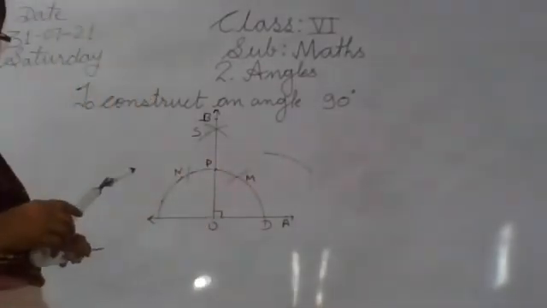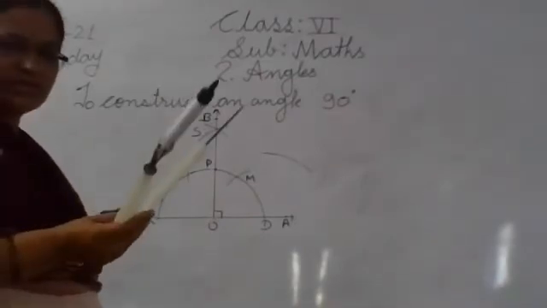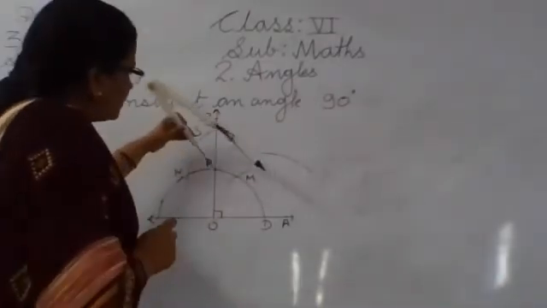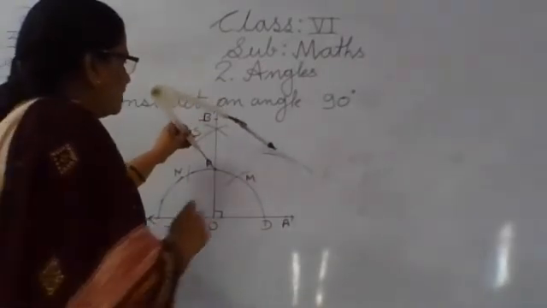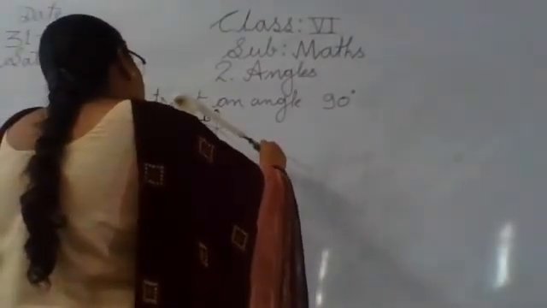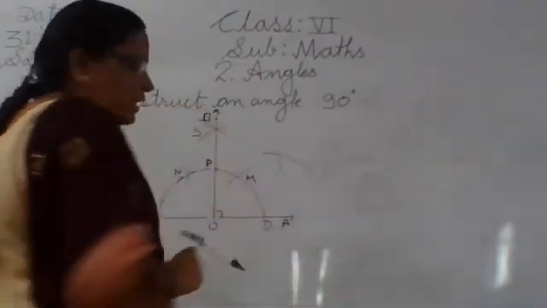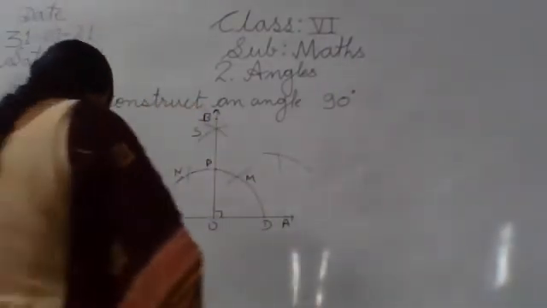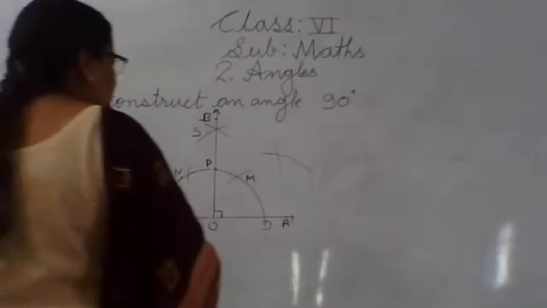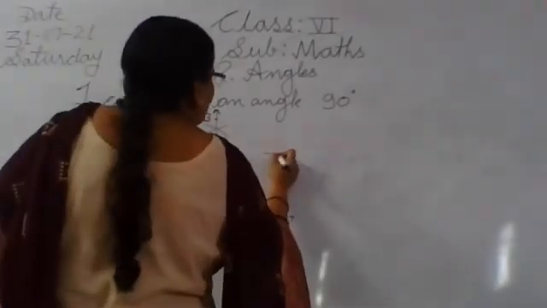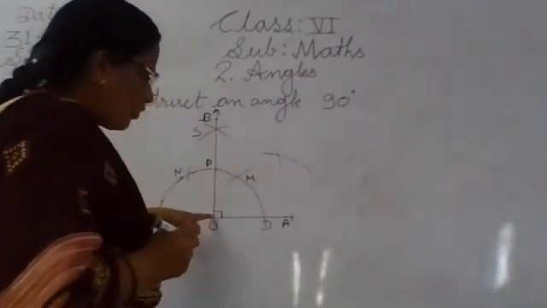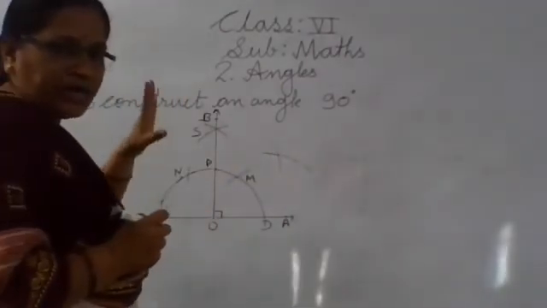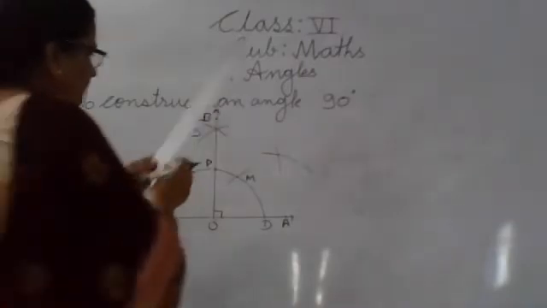And avoid overdrawing. Now without disturbing this, place the pointer on P and cut the previous arc like this. So here you will get the new point of intersection. Now match this point and point O, draw a ray through this.